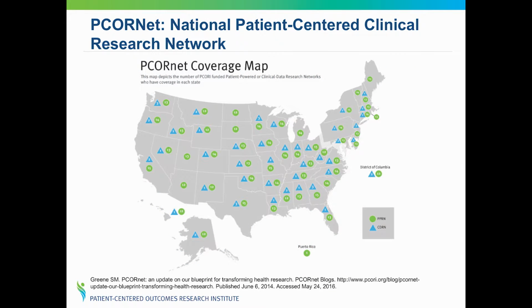Another type of network are the PCORI networks that PCORI has been funding, and these typically are across organizations that may be geographically located, so you may have a PCORI network that's localized to the northeast part of the country or to the southwest part of the country. But in each of those cases, you're still not expecting the majority of the individuals to be crossing the different organizations that you're linking.